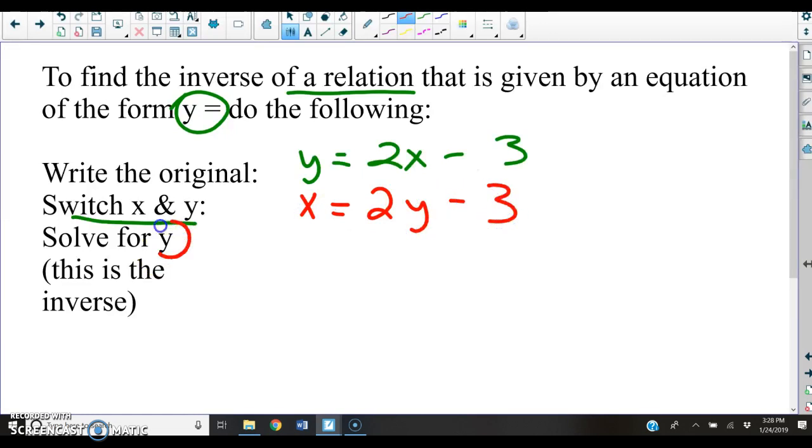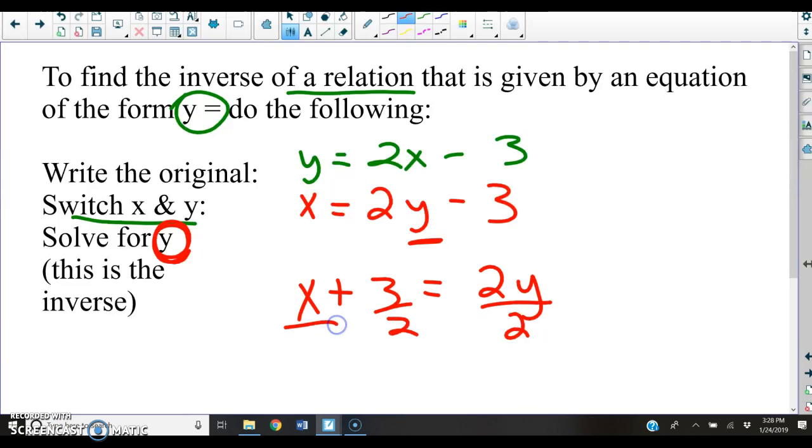And now I'm going to solve for y. You have to work enough to get y alone. I'm going to add 3 to both sides, and then I have to divide out the 2. So my inverse is going to be y equals half of x plus 3 halves.